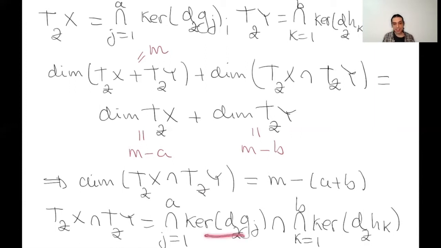So if the dimension is M minus a plus b, and this intersection is the intersection of the kernels of a plus b linear forms, it is because these a plus b linear forms are linearly independent, right?